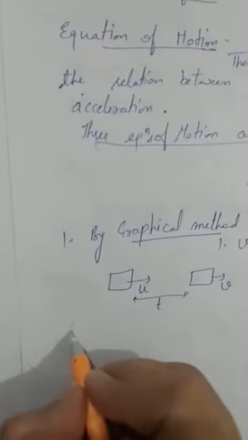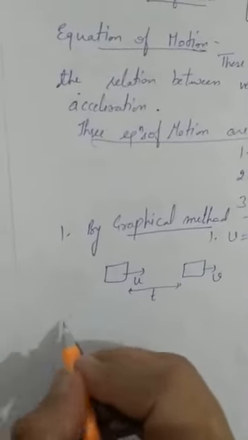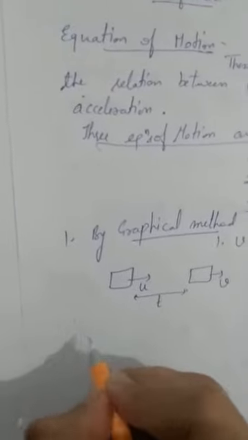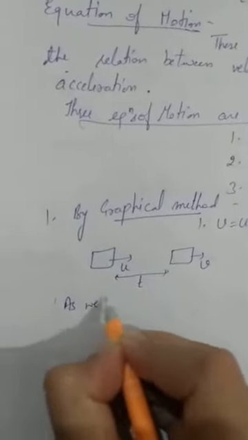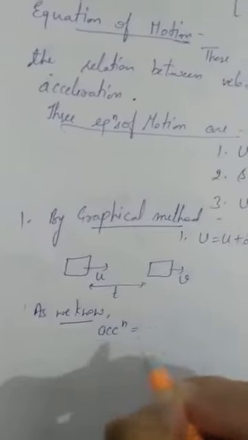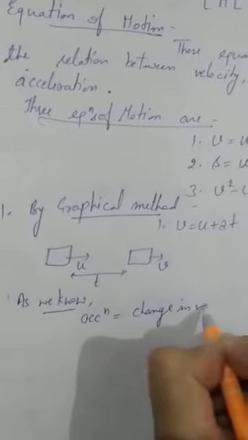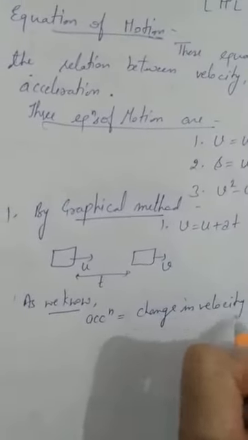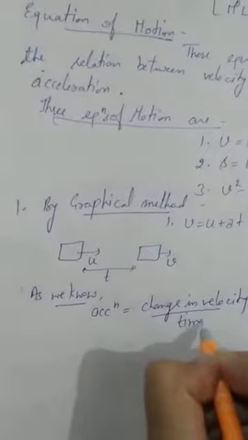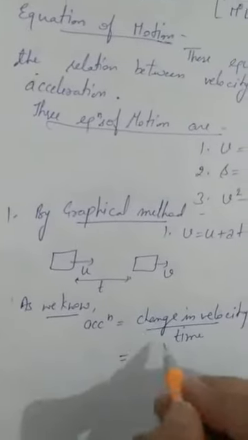Now the first relation we can find from this. As we know, acceleration equals change in velocity per unit time. Then how can we find the change in velocity?